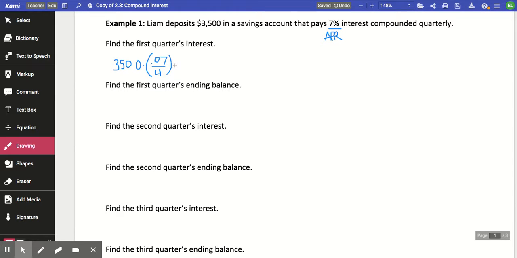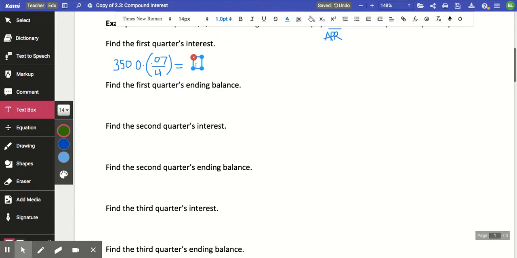Since this is just for one single quarter, technically we would multiply by 1, but I don't need to show that. That equates to $61.25 in interest. So the first quarter's balance would be the principal plus the interest, making the ending balance $3,561.25.